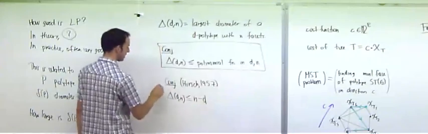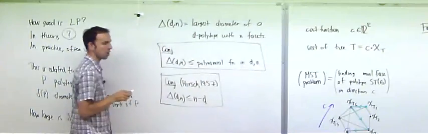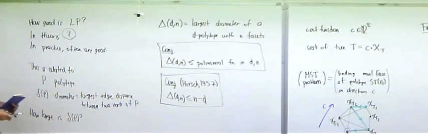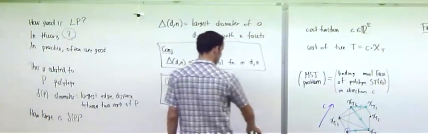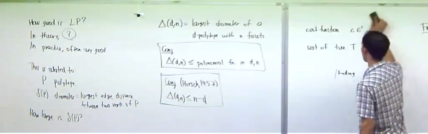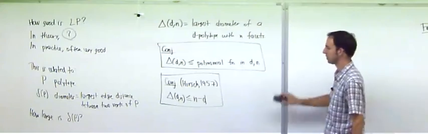This is kind of a big conjecture, and this is a much more concrete conjecture. So not only is it a polynomial, but it's actually a linear polynomial, a very small polynomial.